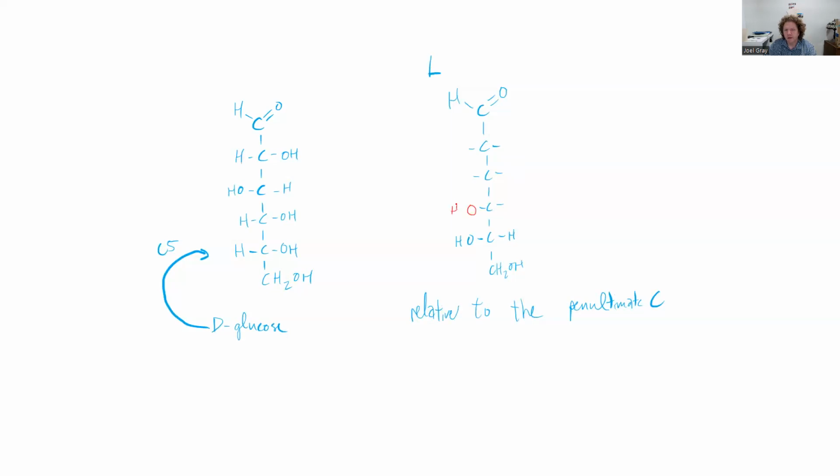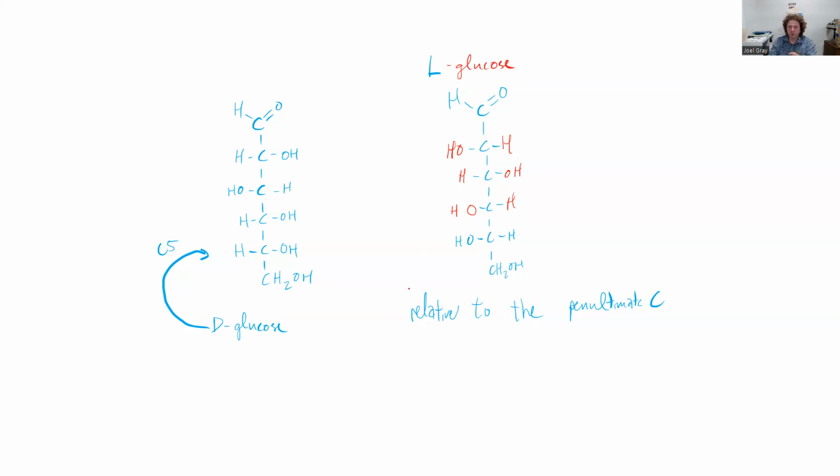Carbon number four has a hydroxide group on the same side. Carbon number three has a hydroxide group on the opposite side. Carbon number two has a hydroxide group on the same side. There we go. What this molecule on the right-hand side of your screen, this is L-glucose.